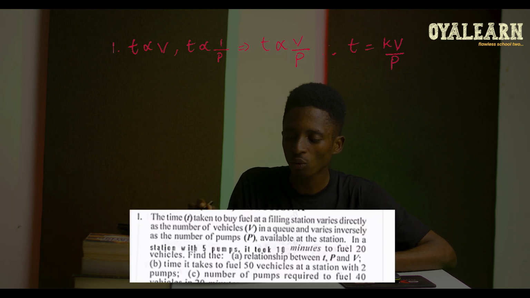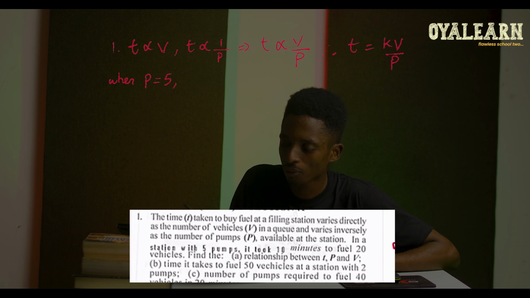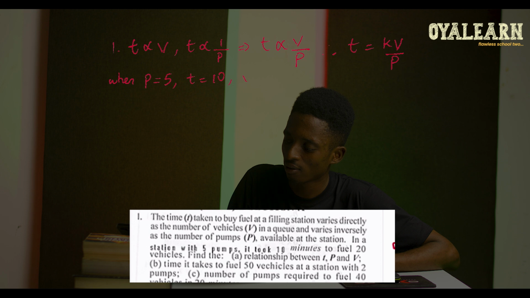Now, in the question, we're given further information. That is, in a station with 5 pumps, that is, when P equals 5, it took 10 minutes, T equals 10, to fuel 20 vehicles, V equals 20.